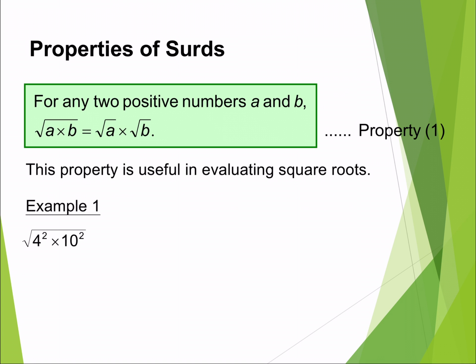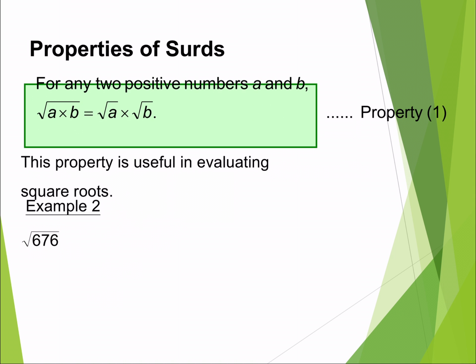Let's have an example. Square root of 4 squared times 10 squared. So the square root can be distributed to 4 squared and also to 10 squared, to both. Okay, and then the square and the square root will cancel each other. So it equals 4 times 10 equals 40. Okay, and then one more example, 676.